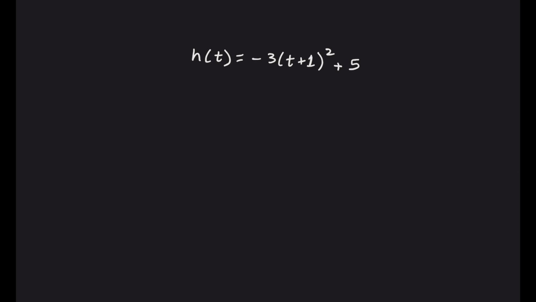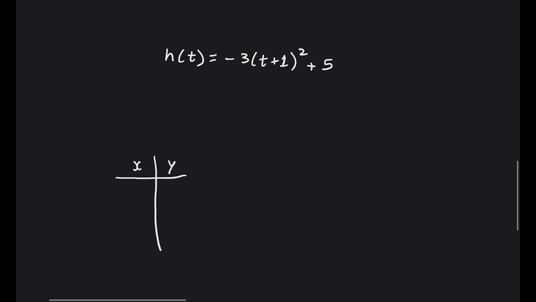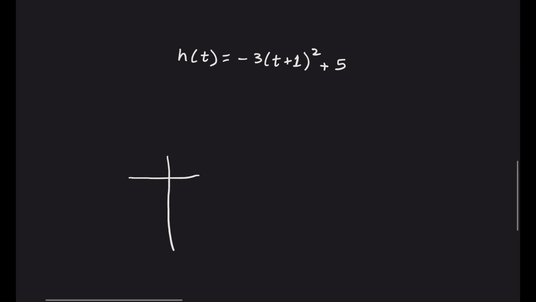So to graph this, you need to make a table of x and y values, and then you just start plugging in points. So let's start with 0, and instead of x and y, I'll do t and h. X and y is what you're used to, but because it's h and t now, remember this is x, and then the whole function is the y value.